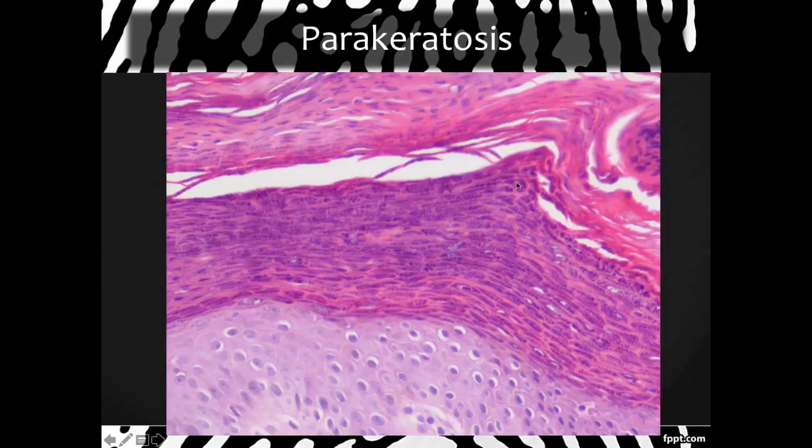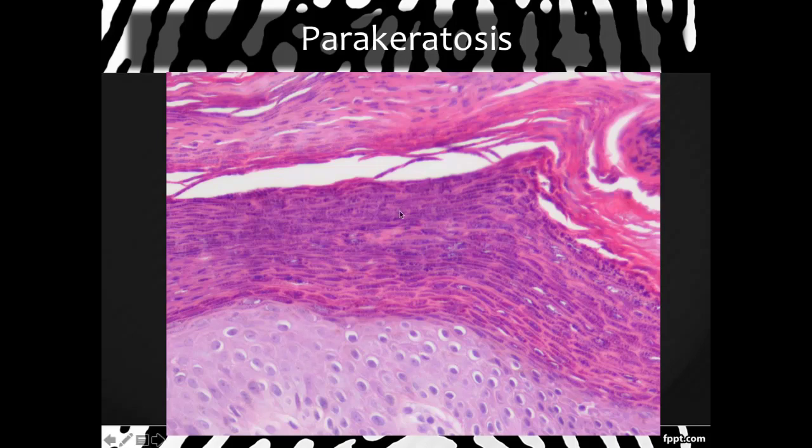Sometimes there occurs parakeratosis. It's not a disease, but it's a state where the keratinization is not proper. It is so fast that the keratinocytes do not mature properly, and they do not lose their organelles.